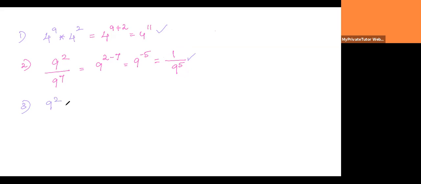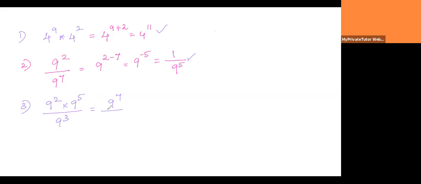9 square times 9 power 5 divided by 9 power 3. So how do you solve this? We are going to use both the multiplication and division rule here. What I mean to say, just combine the numerators together. 2 plus 5 is 7.